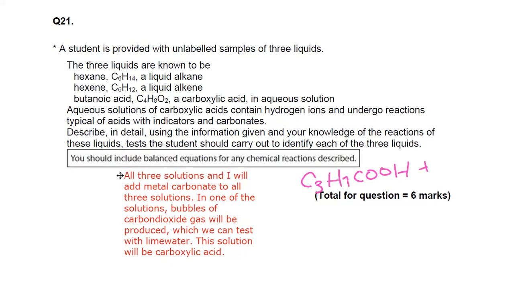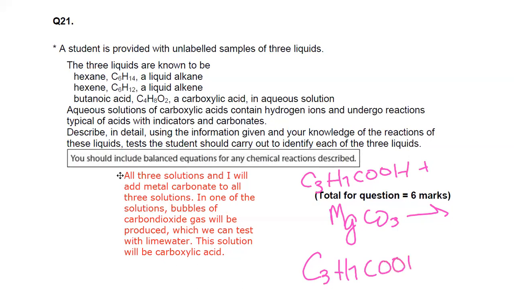So C3H7COOH will react with, let's take magnesium carbonate, MgCO3. And what will I get? I will get (C3H7COO)2Mg plus CO2 plus H2O.